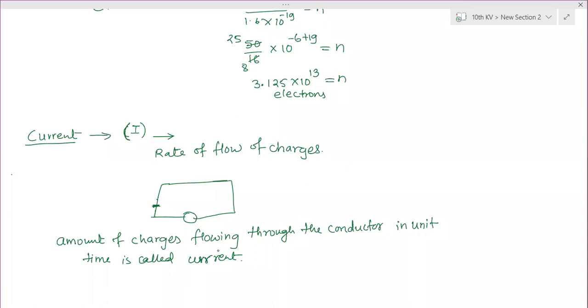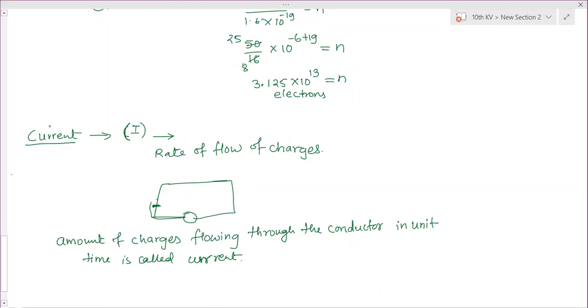These charges are flowing continuously, circling around the conductor. They move from left to right, again left to right. This continues till you switch off the circuit. Whenever you switch on, the electrons keep on flowing. But at a time, exactly how many charges are flowing per second, that quantity is considered as current.